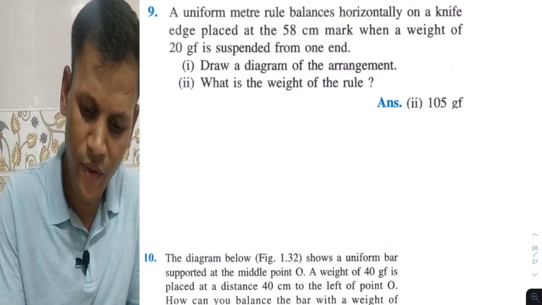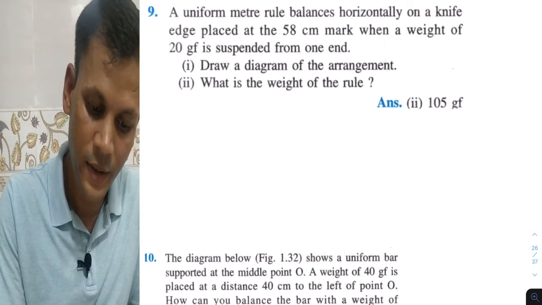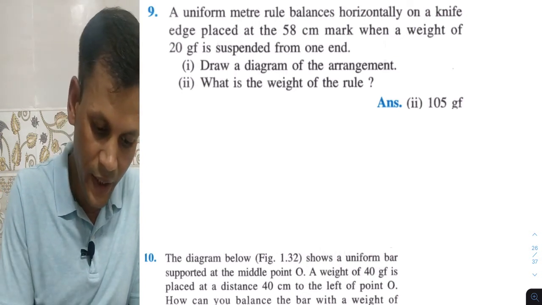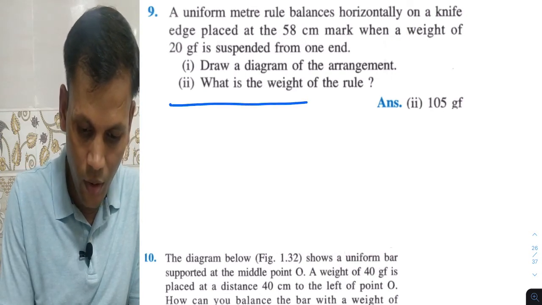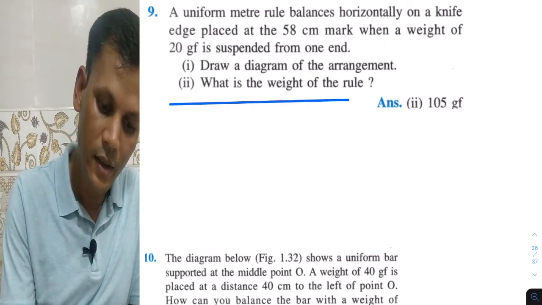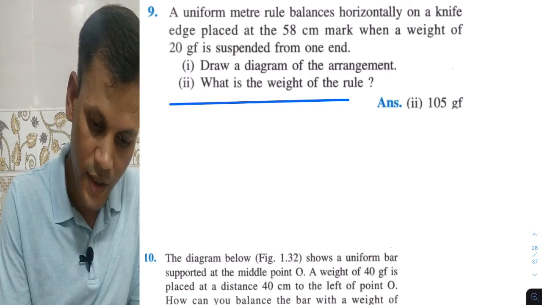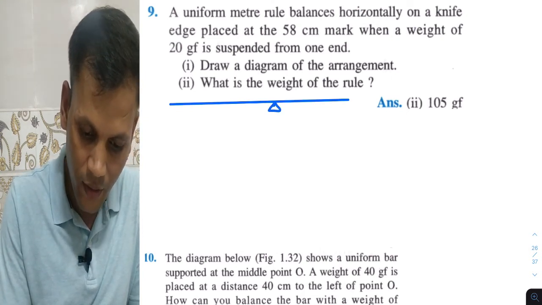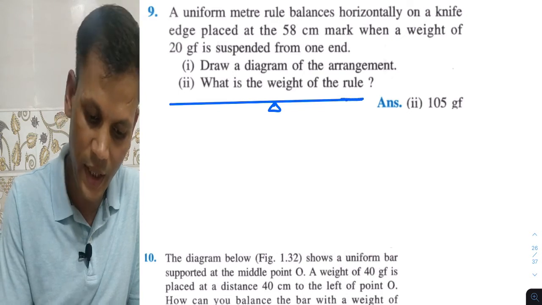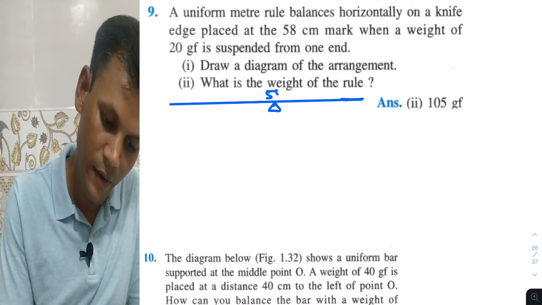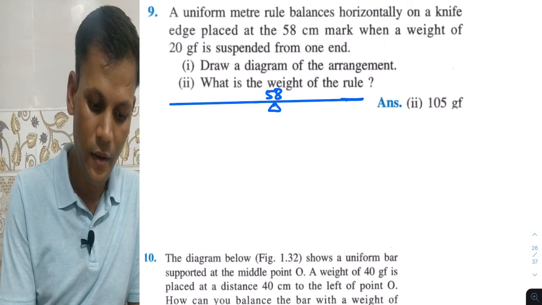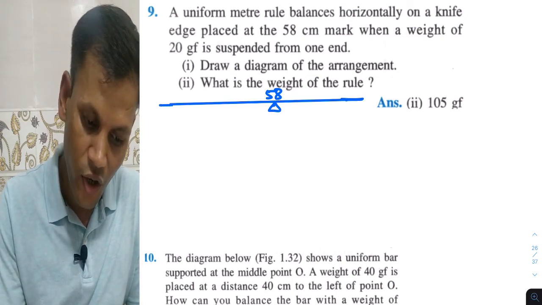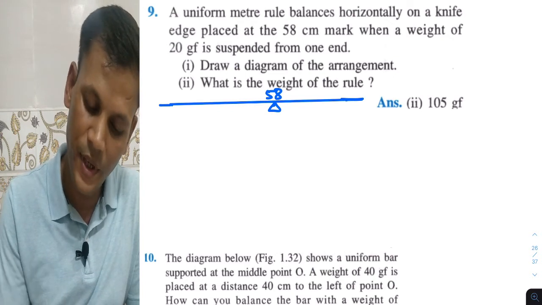So just again we have to draw the diagram for it. This is any meter rule, and of course it is pivoted at 58 centimeter mark. This is 58 centimeter mark, horizontally on a knife edge placed at 58 centimeter.